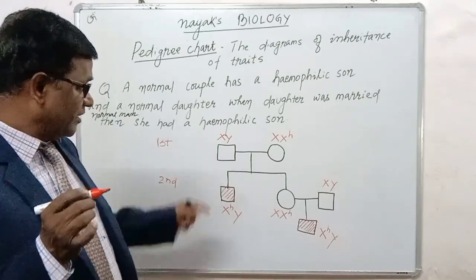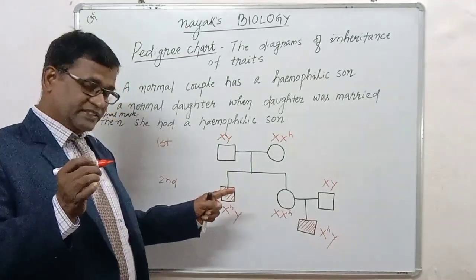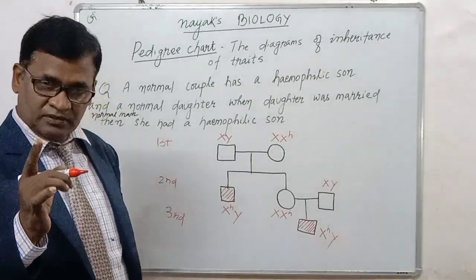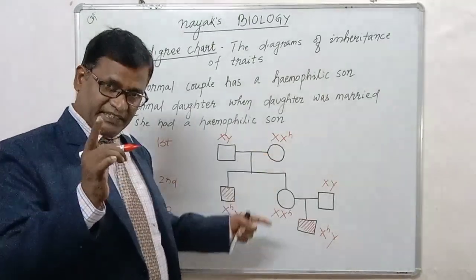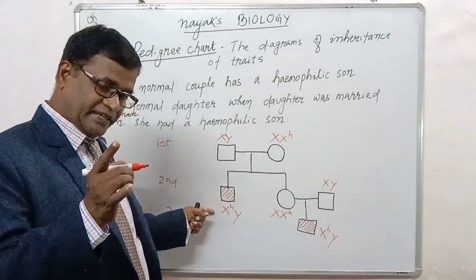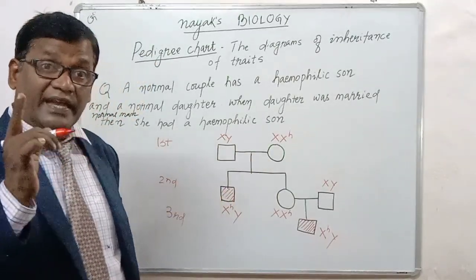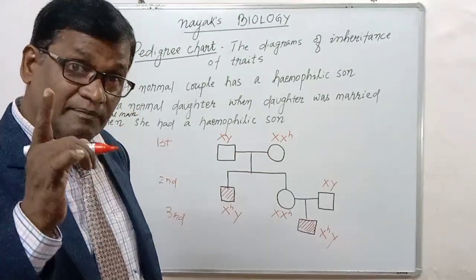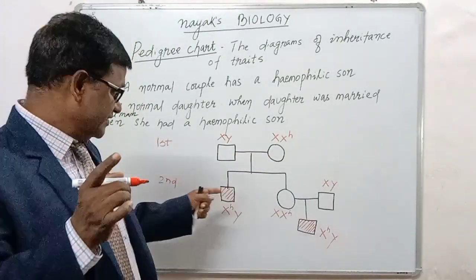Then what do we understand about this pedigree chart? We understand that hemophilia is an X-linked recessive gene. Mostly the women are carriers. Although the parents are not affected, the sons are affected because the X chromosome of the mother, which is affected, is transmitted to the son.